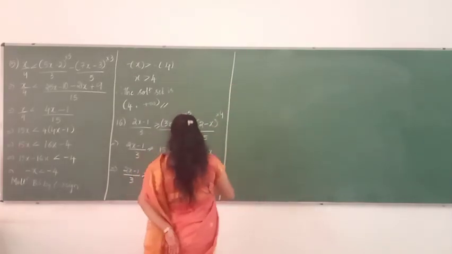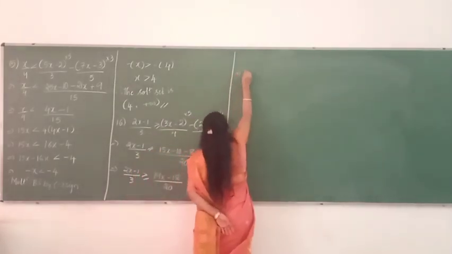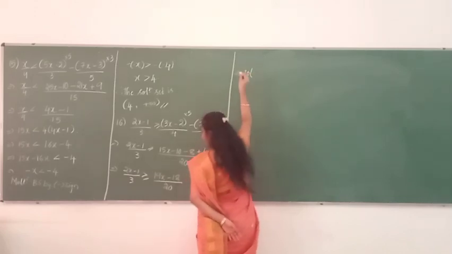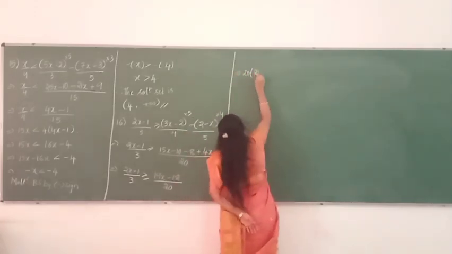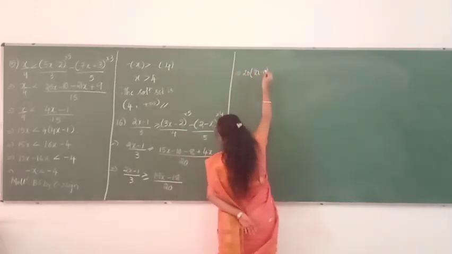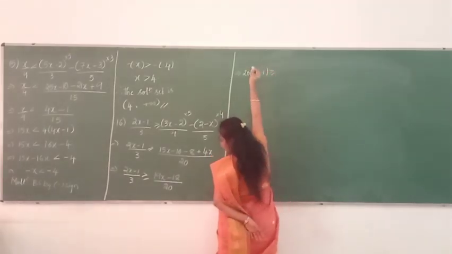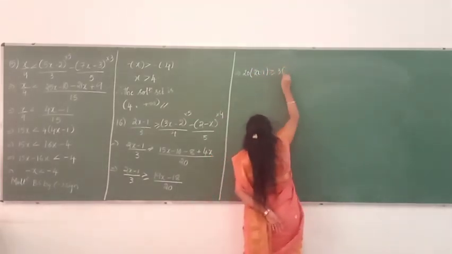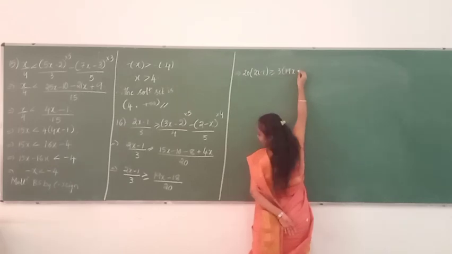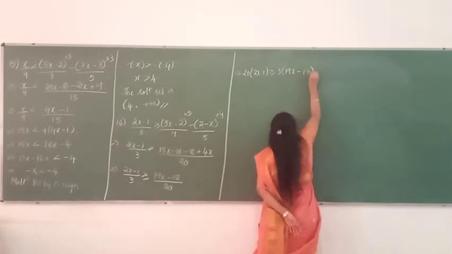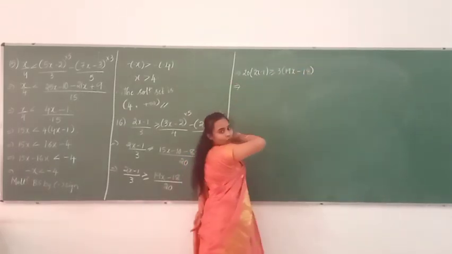So when we cross multiply, here we will be getting LHS as 20 into 2x minus 1 is greater than or equal to 3 into 19x minus 18, now multiply 20 inside.